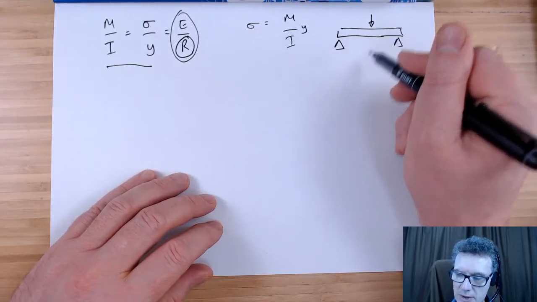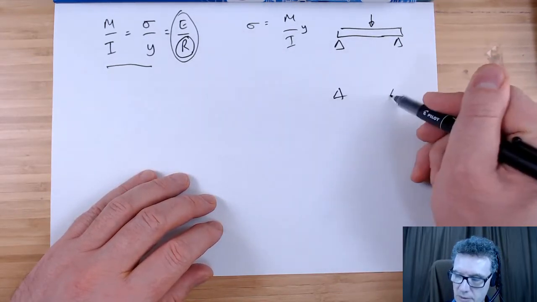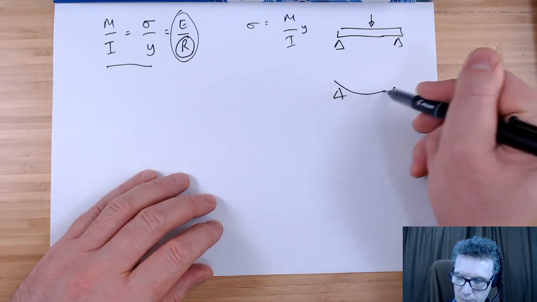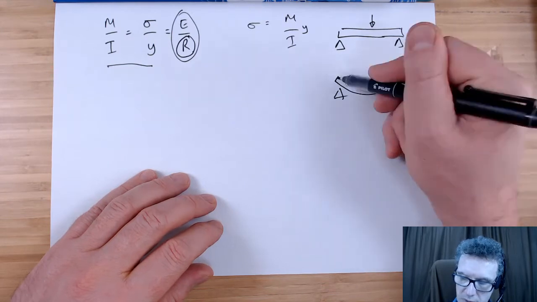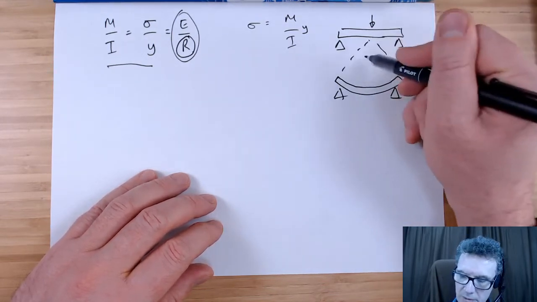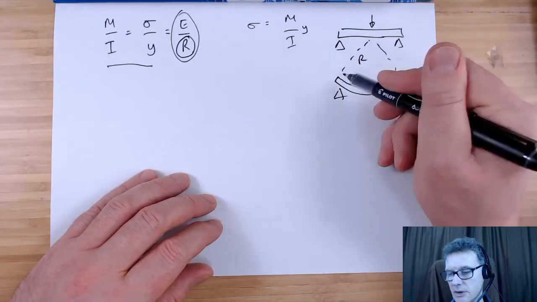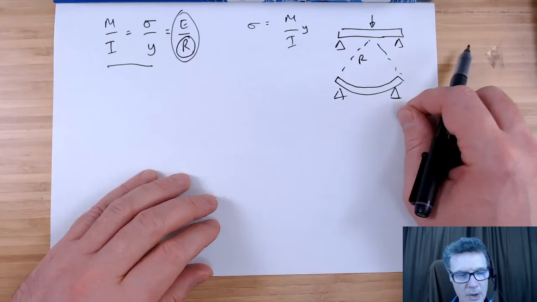Okay, so apply this load and we end up with, I don't know, something like this. Okay, so it looks a bit like a circle. So you can then say, I can fit a circle through that curve there, and that's my radius of curvature.